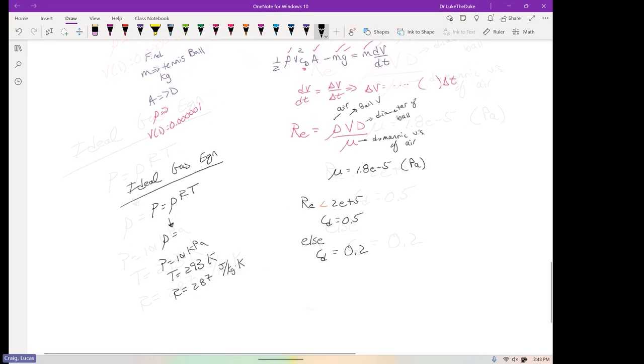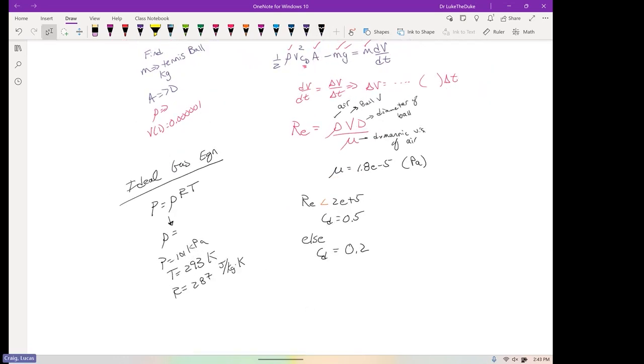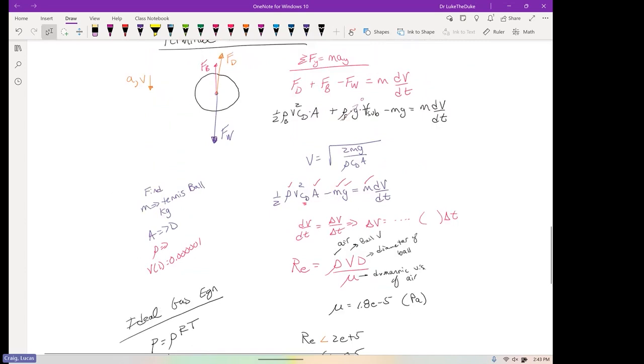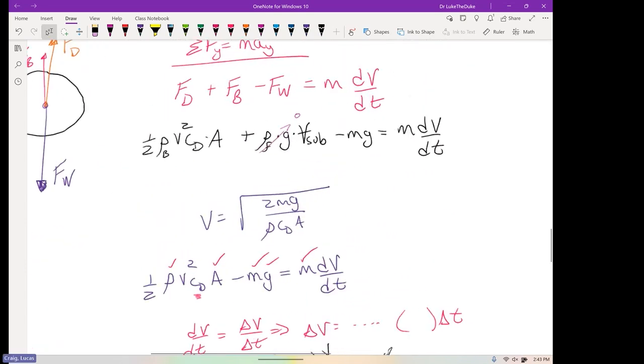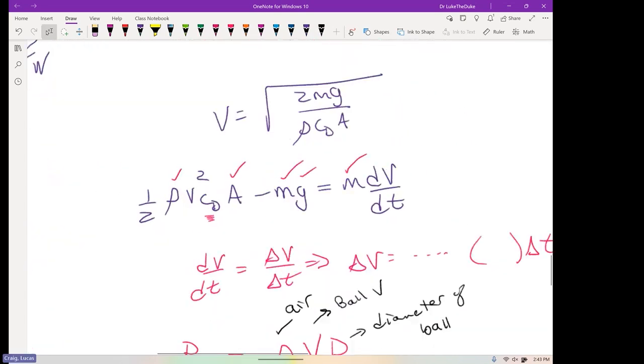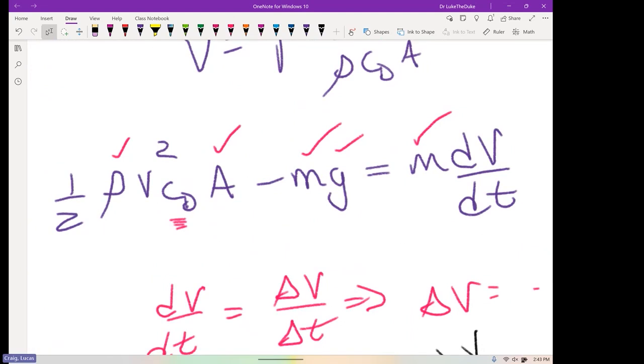So let me just review this so you can get an idea of how to code this for homework 3. Okay, we have a tennis ball. We did a free body diagram, and we found that awesome differential equation, right? Which solves for terminal velocity or velocity of an object as a function of time.